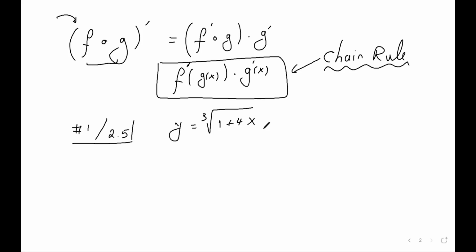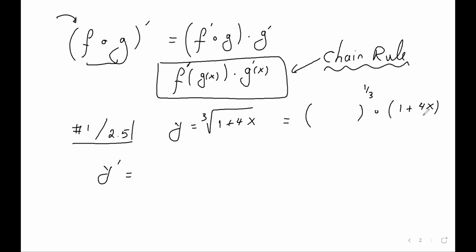And the question is asking, find the derivative of y. Now, before we do that, let's recognize the aspect of this problem. So this is the 1/3 power composite with the function 1 plus 4x.